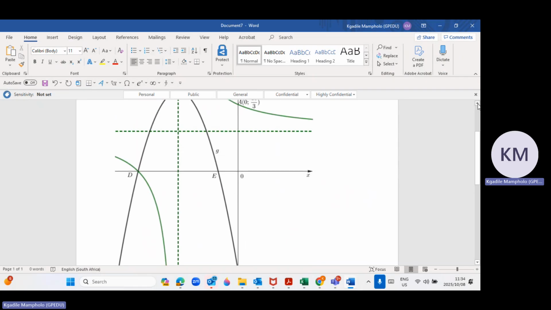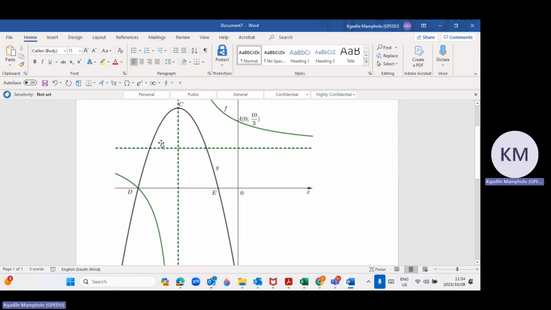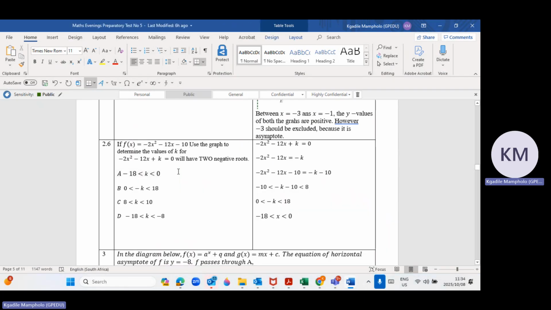Remember the turning point, y. Remember when you say minus 2x squared minus 12x minus 10 is equal to y. So y is between, here is 8. Then if you find the y-intercept, it will be minus 10. Or remember, y at b is minus 10.